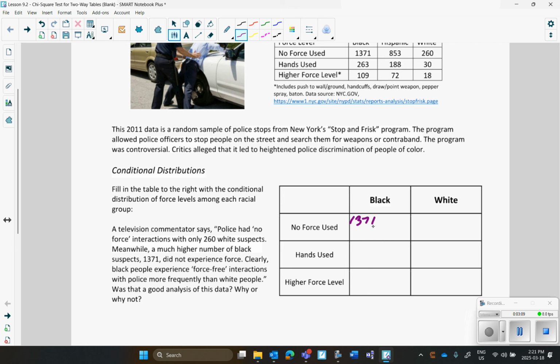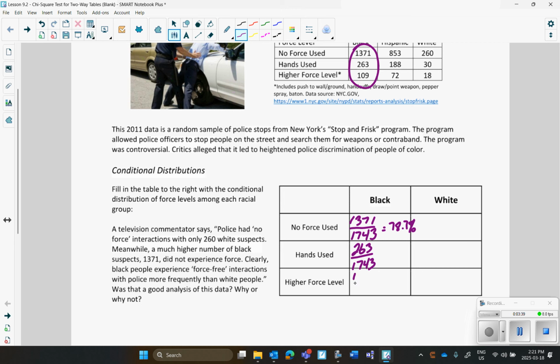So in this cell, 1,371 Black people were stopped, but no force was used, over a total of, and if I add those three numbers up, I get 1,743. And that works out to approximately 78.7%. And then I would do 263 over 1,743.